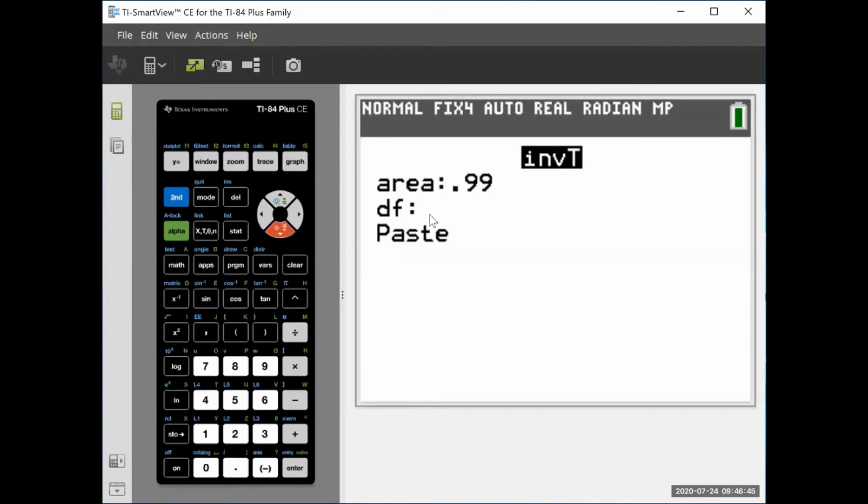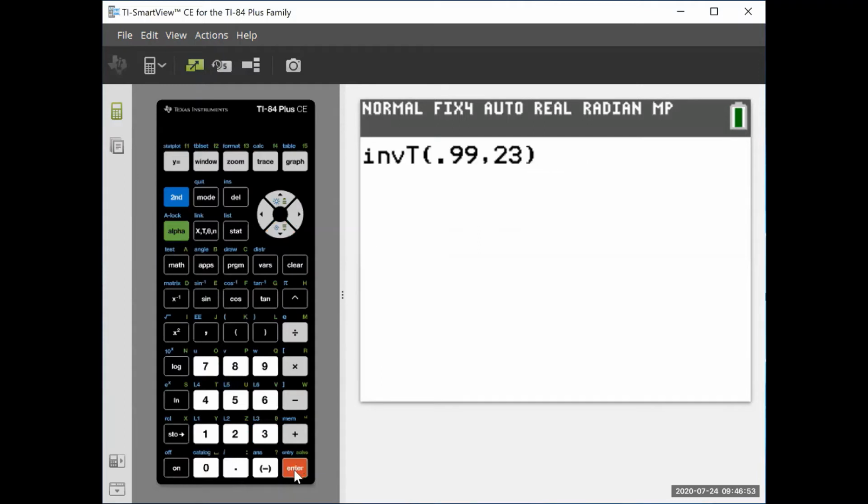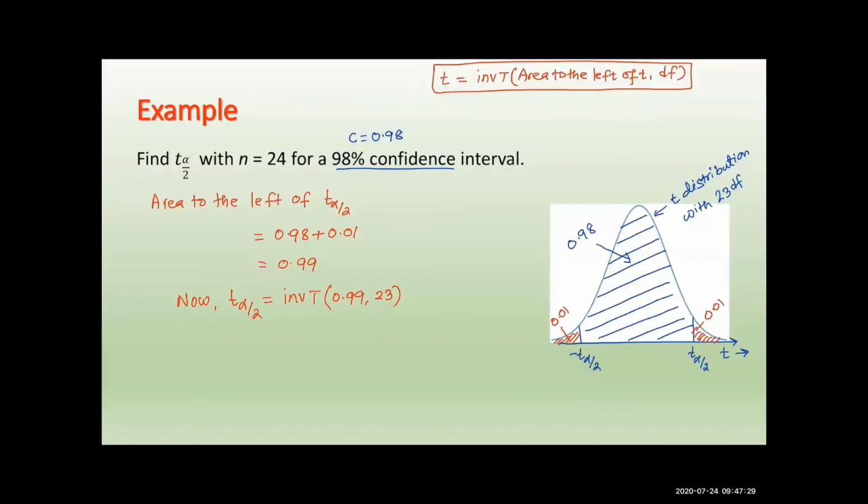We have the degree of freedom, which was 23. Then paste this in the main screen, and we get 2.4999. From the calculator, we got 2.4999. That's your T alpha over 2.